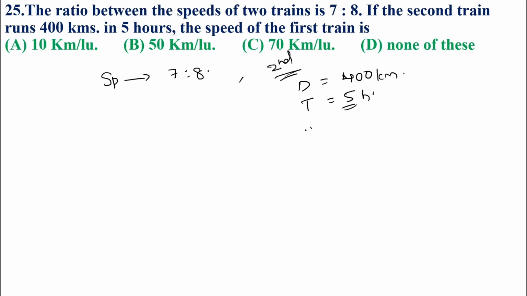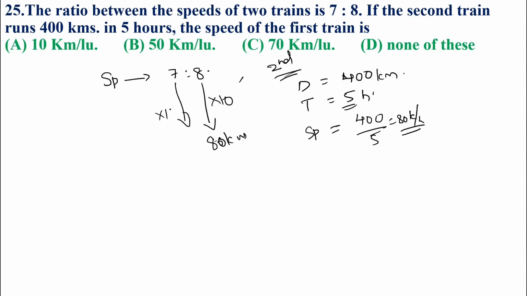What is speed? Distance by time. So 400 by 5 is equal to 80 kilometers per hour. So 80 kilometers means how many times? 10 times. So for the first, 7 into 10 is equal to 70 kilometers per hour. So the option is C.